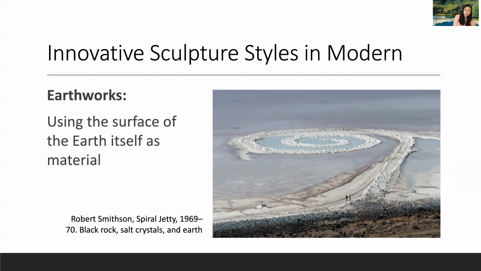So this is it. And Smithson chose a spiral shape naturally found in shells, crystals, and even galaxies. The coiled artwork was made by dumping 6,550 tons of rock and dirt off dump trucks, gradually paving a spiraling roadbed out into the Salt Lake.